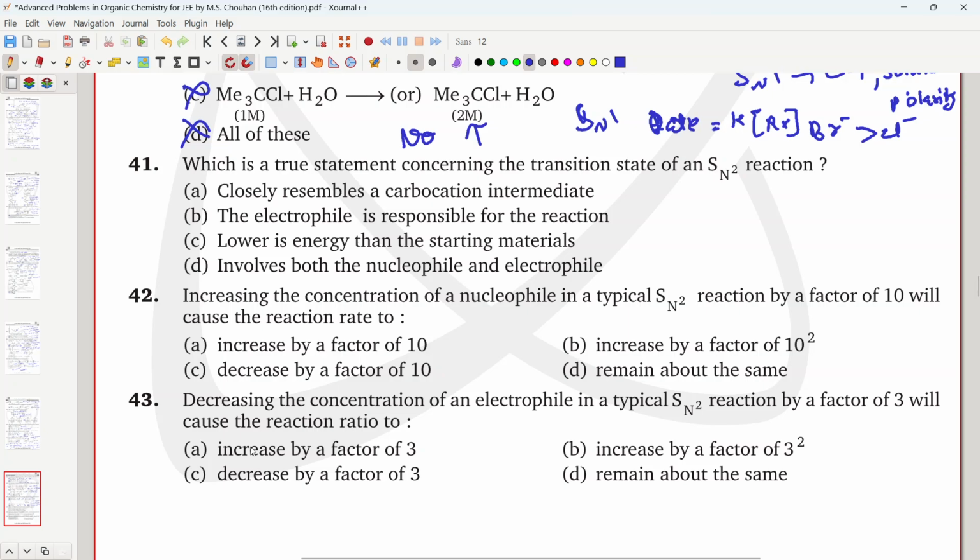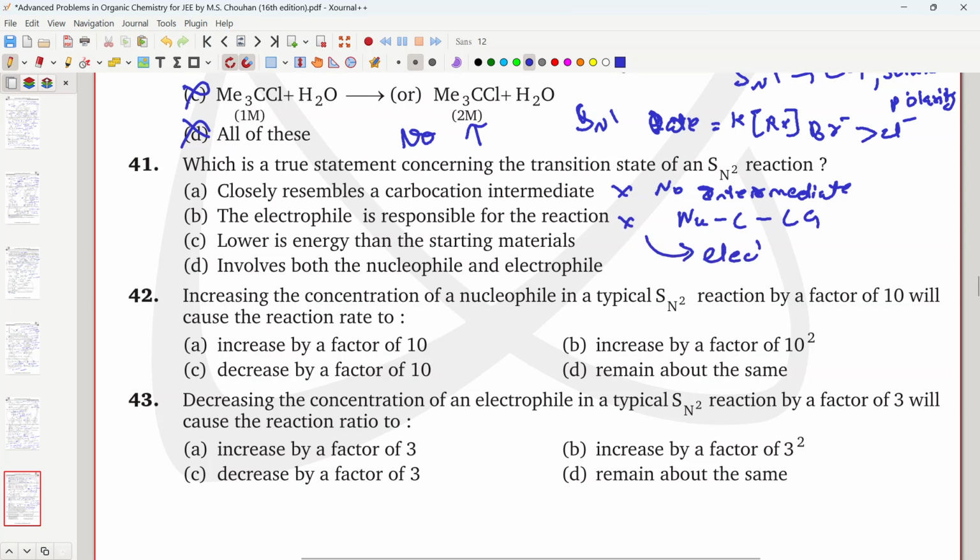Now, question number 41. Which one of the following is a true statement about the transition state of an SN2 reaction? The SN2 transition state looks like Nu, C, leaving group. A, closely resembles a carbocation intermediate. SN2 has no intermediate. D, the electrophile alone is responsible for the reaction.